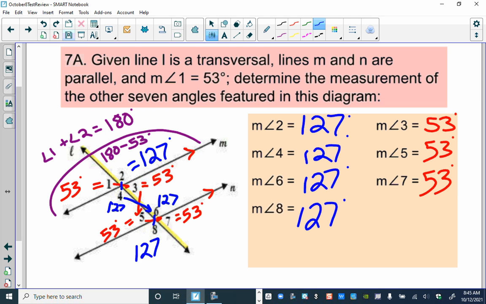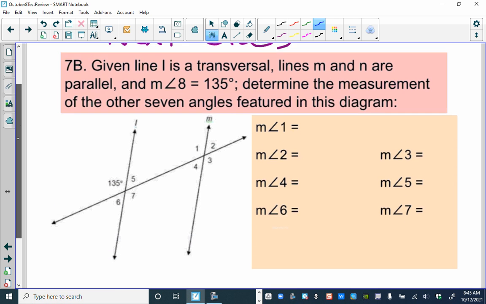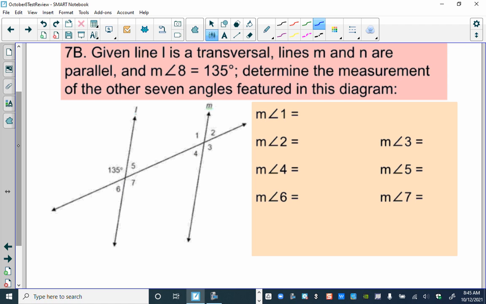So 7B, the only thing we'll say about 7B, they gave you angle 8. So here's angle 8 right here. It's 135. Now you have to get the rest. Again, these lines are parallel.